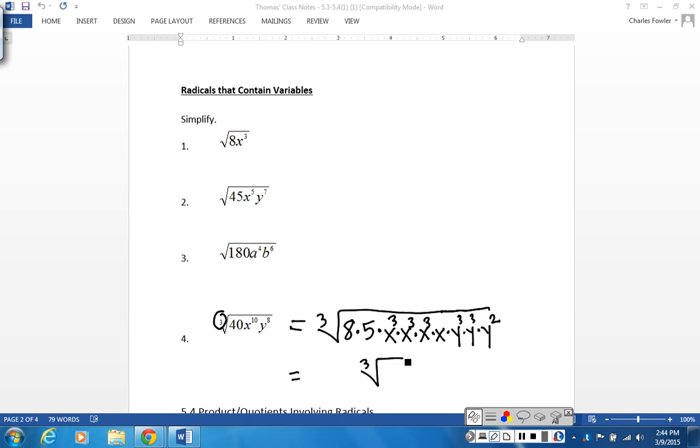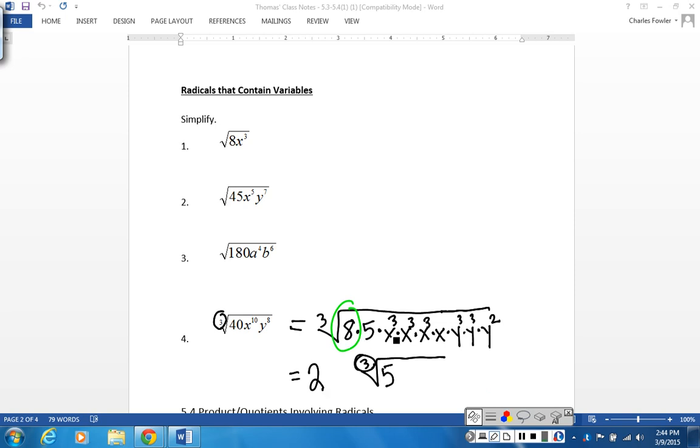Put some space in front of your radical. Make sure you put your index, or else it will be square root. Okay, make sure you specify your index, cube root of something. Alright, cube root of 8 is 2, so you put your 2 on the outside. 5 stays on the inside.